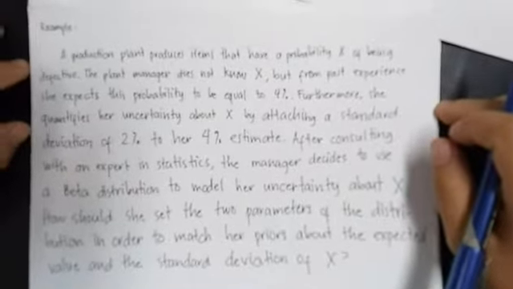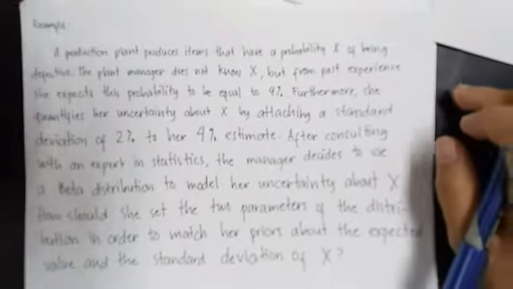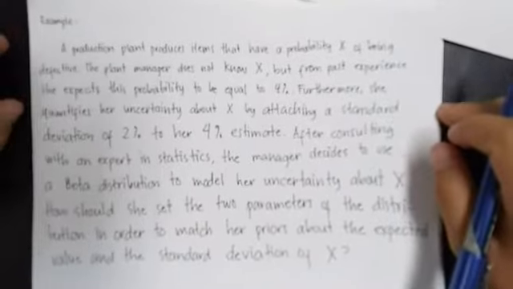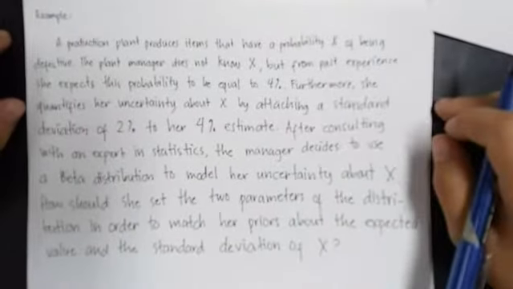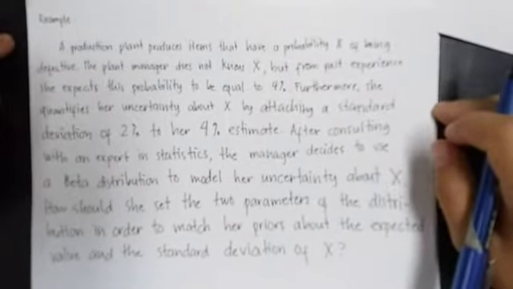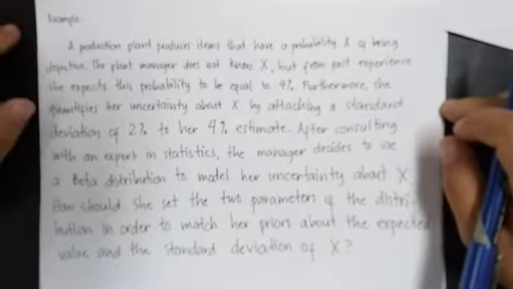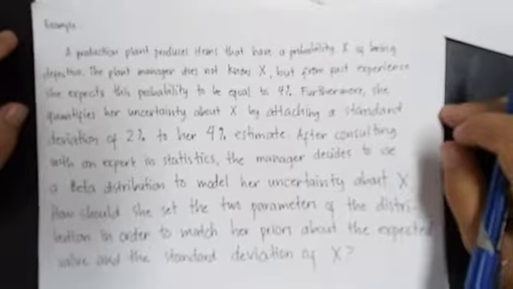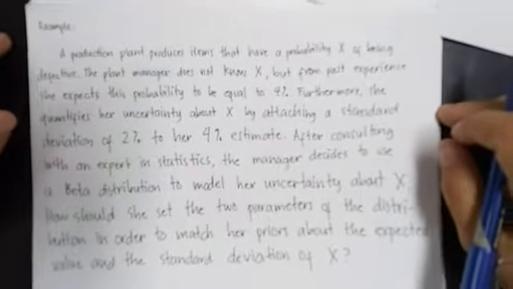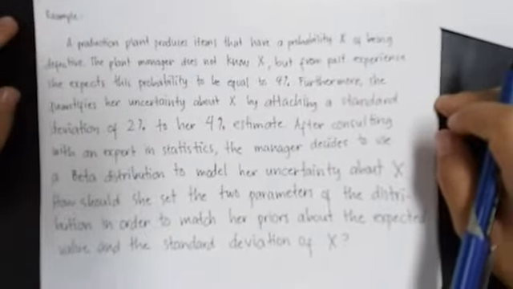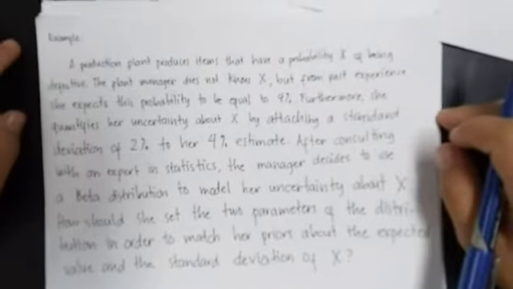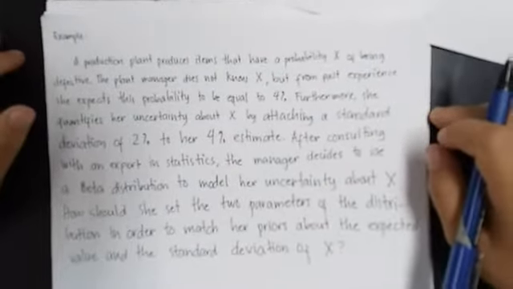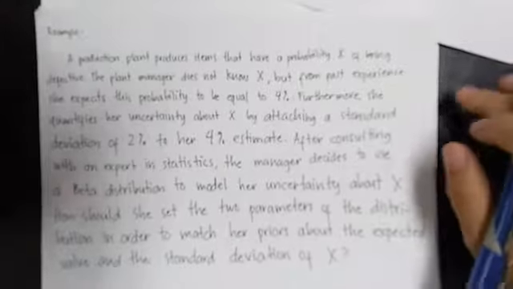Furthermore, she quantifies her uncertainty about X by attaching a standard deviation of 2% to her 4% estimate. After consulting with an expert in statistics, the manager decides to use a beta distribution to model her uncertainty about X. How should she set the two parameters of the distribution in order to match her priors about the expected value and the standard deviation of X?